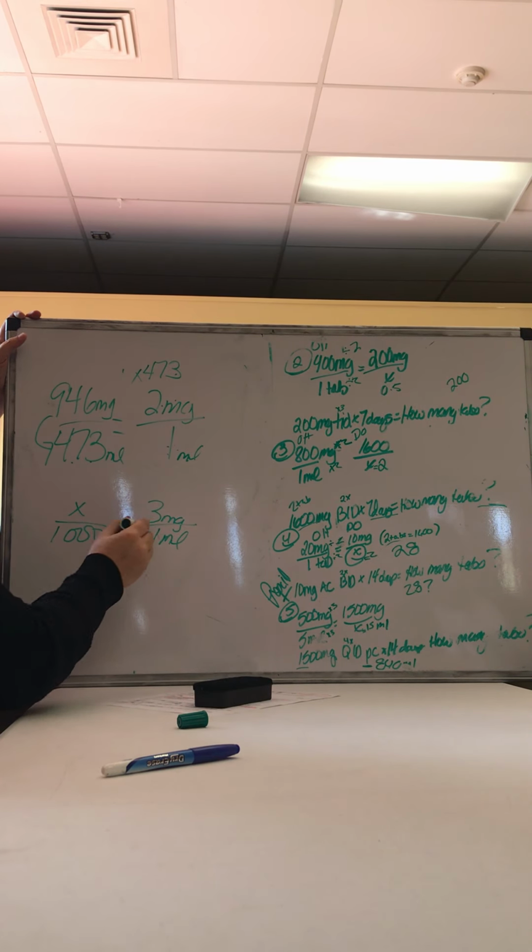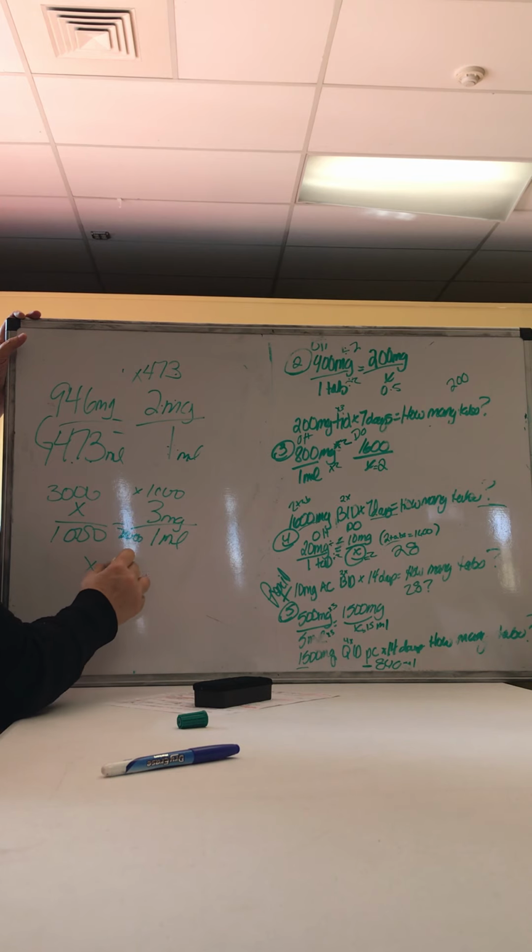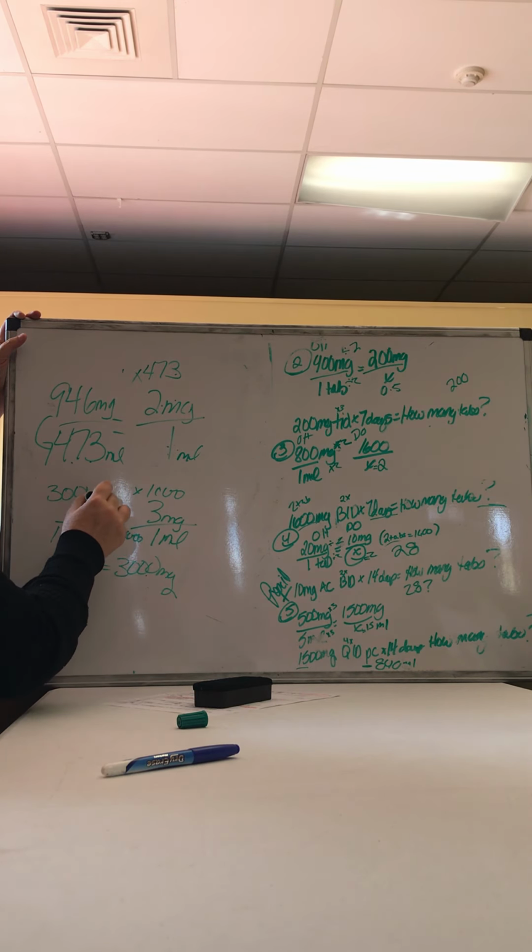Yes, 1 to 1,000. That's how you get back to 1,000. So 3 times 1,000 is 3,000. So X equals 3,000. We were trying to figure out how many milligrams are in that 1,000 milliliters we've got back there.